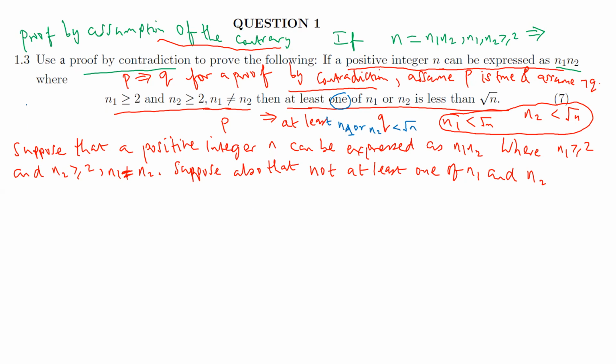Now, what is the negation of this? I want to say the following here. If you say at least one of these, it is really saying N1 is less than the square root of N, or N2 is less than the square root of N. It's the same as this.